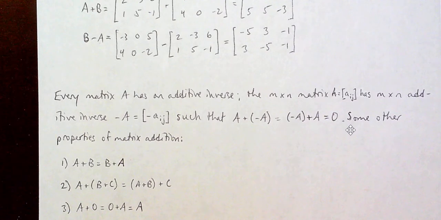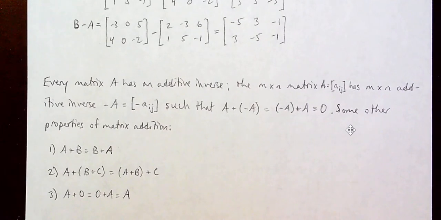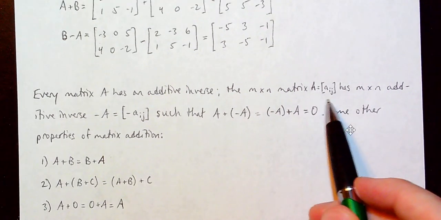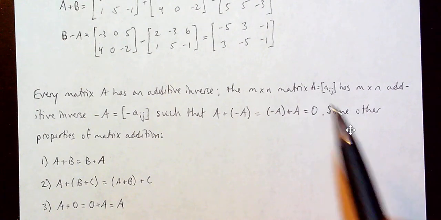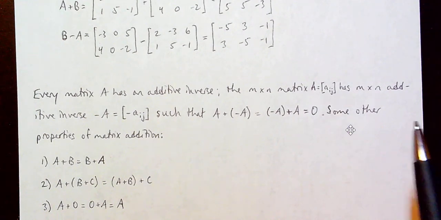Much like just numbers, every matrix A has an additive inverse. There is some other matrix out there such that if we add these two, we get the 0 matrix. So the m by n matrix A, which is, again, this A sub ij, has an additive inverse matrix.